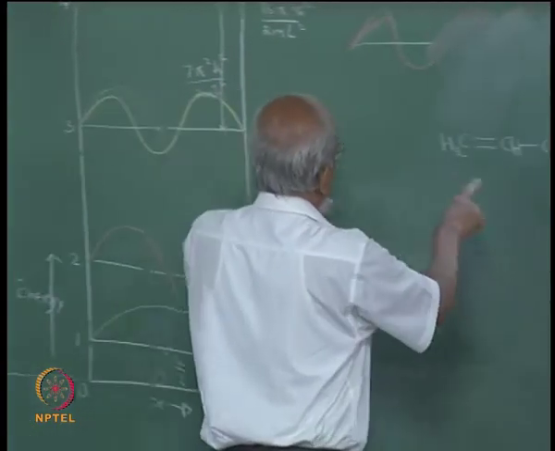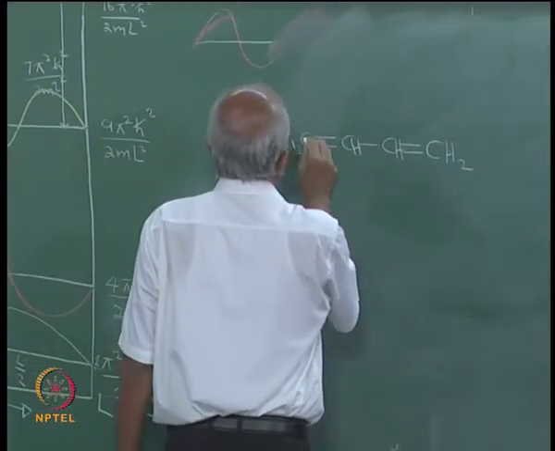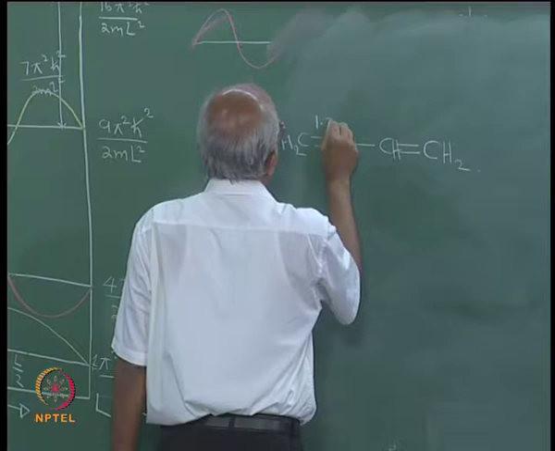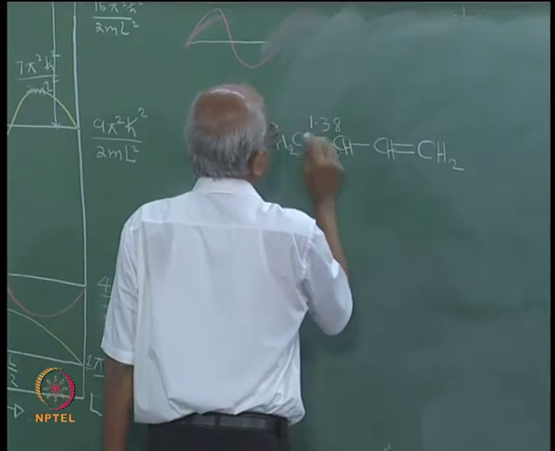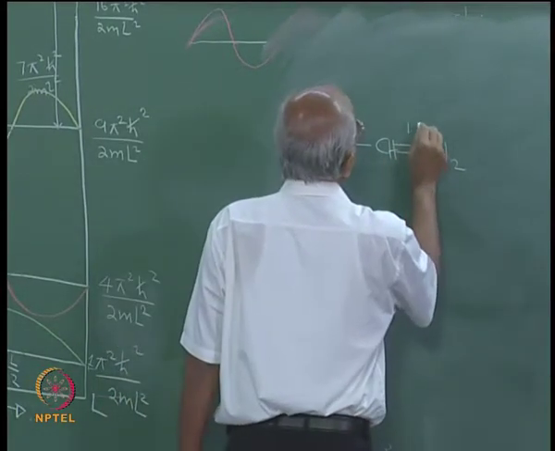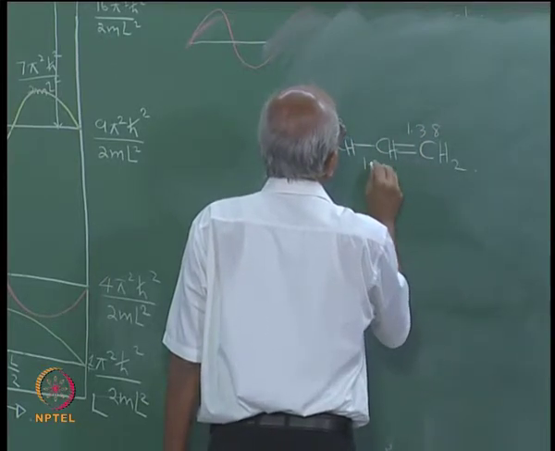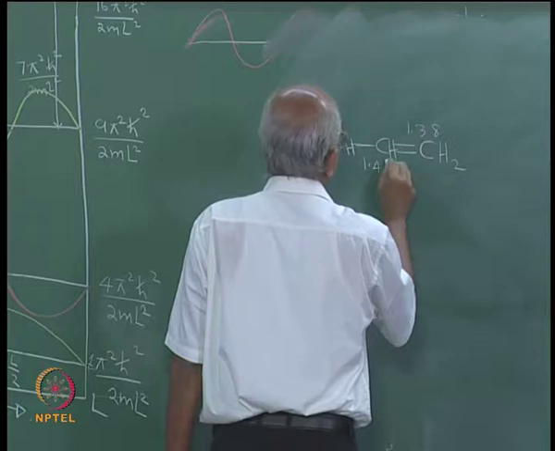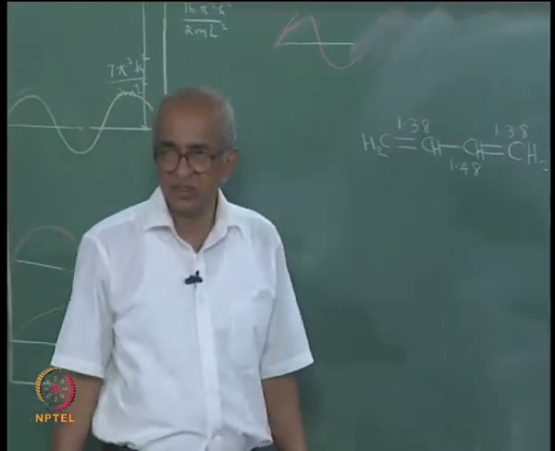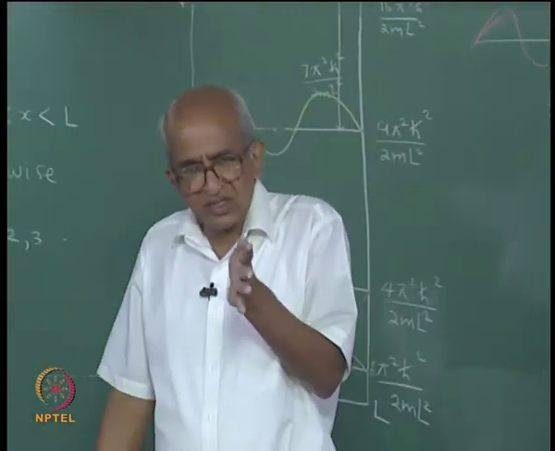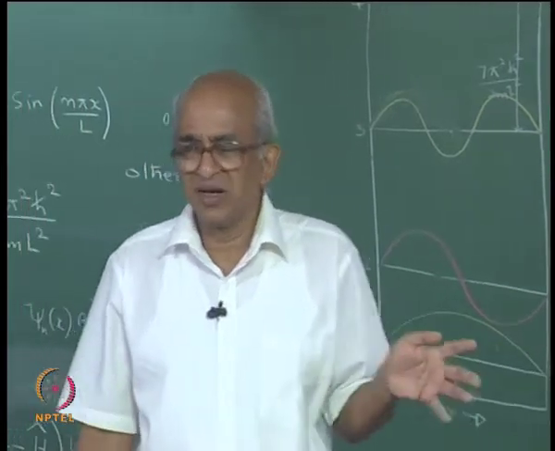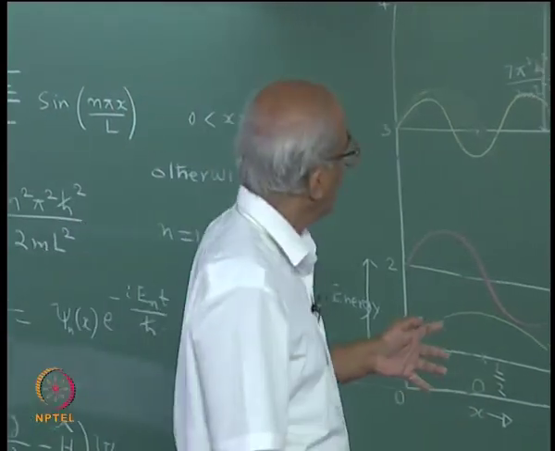and if you do experiments, you can measure this distance using X-ray techniques. This bond length is 1.38, this is 1.38, and that bond length is roughly 1.48. So, the distance between the 2 end carbon atoms, how much would it be?